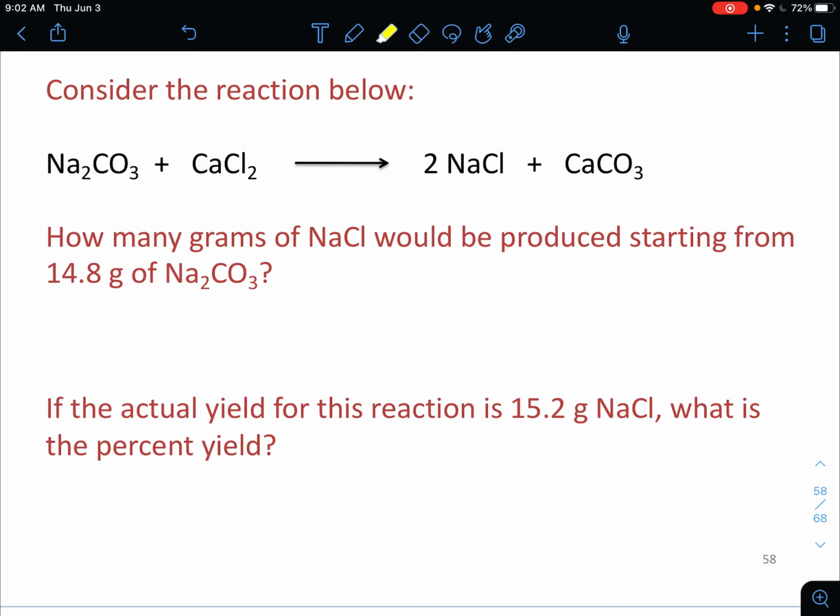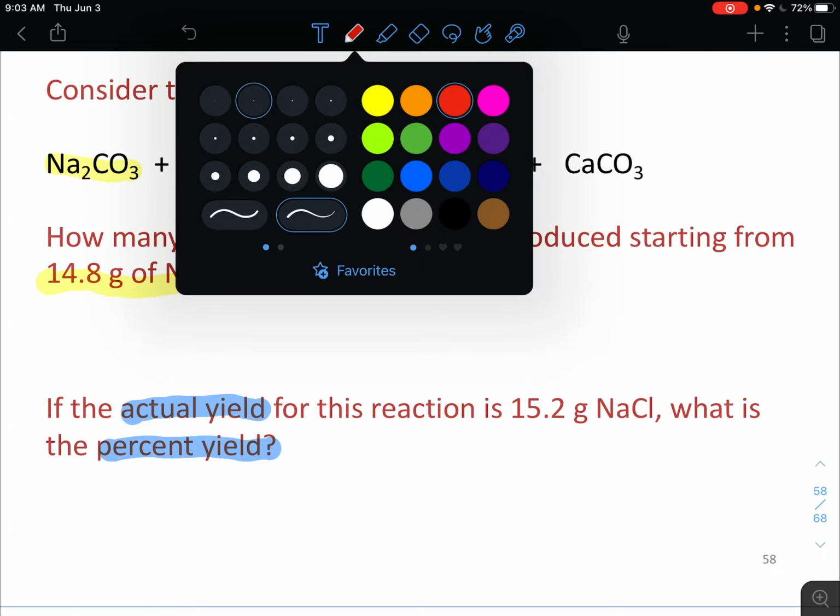Sodium carbonate plus calcium chloride makes 2 sodium chlorides plus calcium carbonate, and given an amount of sodium carbonate, we want to figure out the amount of sodium chloride that's going to be produced, and then in the follow-up question, it's giving us an actual yield amount and asking us to figure out the percent yield. So let's start with the top problem here.